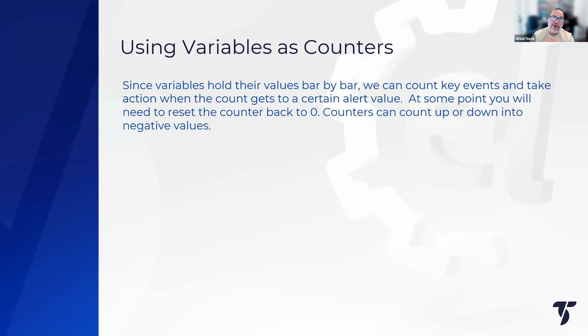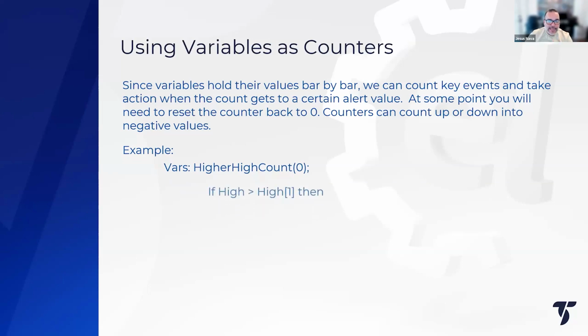And from that moment on, it'll count the number of bars, which means that you'll have a variable that will tell you how many bars ago a certain alert or a certain condition happened, which is very interesting, because a lot of times we're going to want to use these counters to keep track of specific market events.